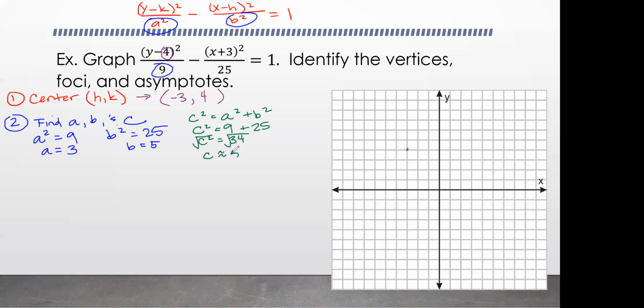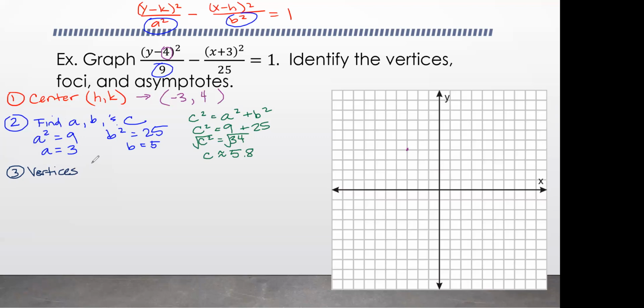It's about 5.8. You just put that into your calculator. So now I have a, b, and c. Then the next thing I need to do is identify the vertices and the foci.